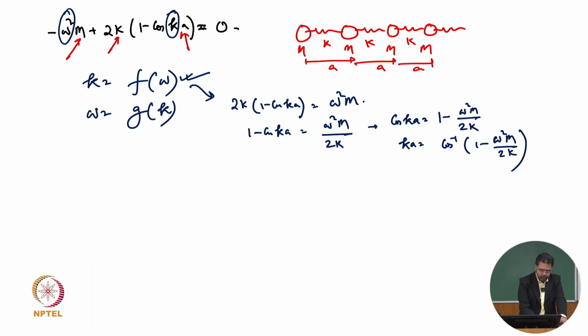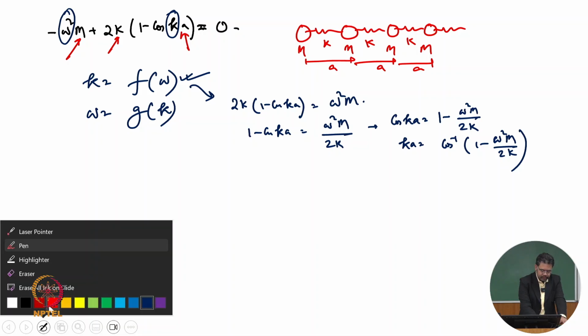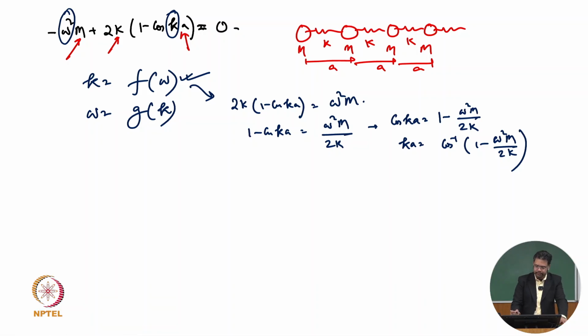Let's see what is known to us. M, do we know? Yes, this is the mass of the system. K, do you know? This is the stiffness of the system. We know a also. We can write it also as 1 by a, but we don't need it here.